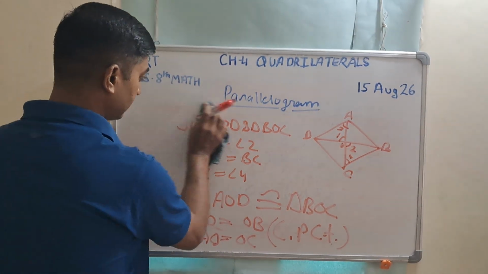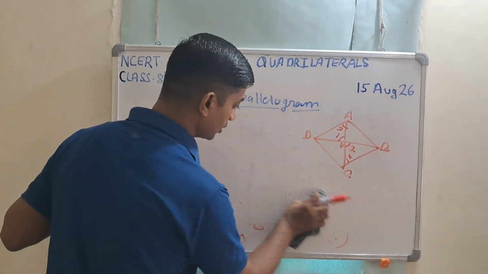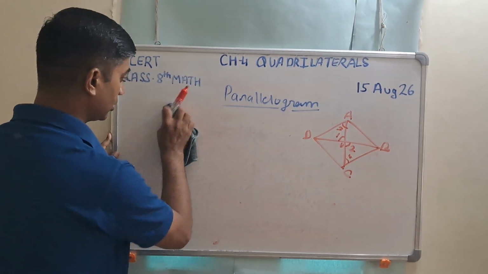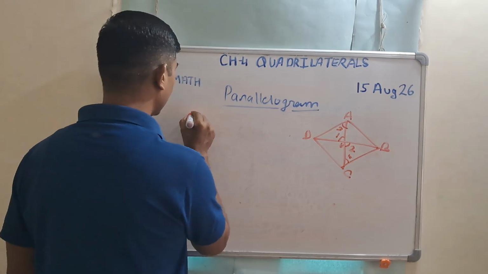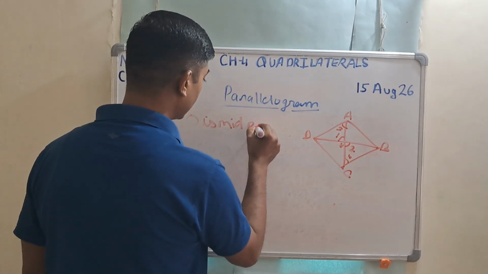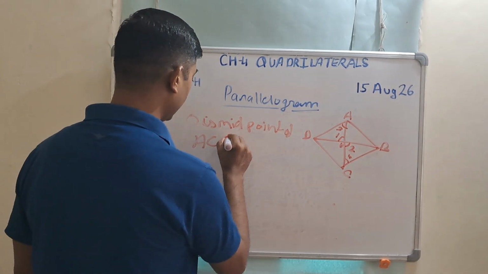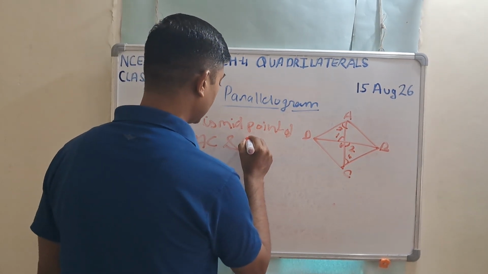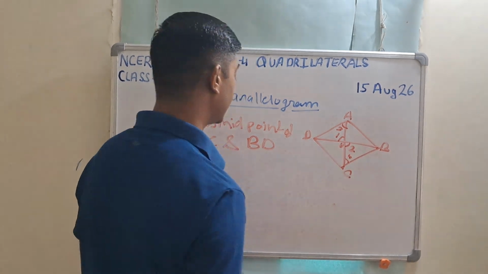What this conclusion gives us is the information that O is the midpoint of AC and BD. Understood? O is the midpoint of AC and BD.